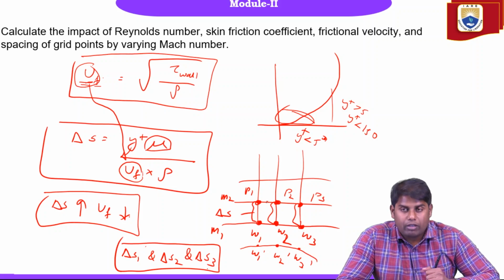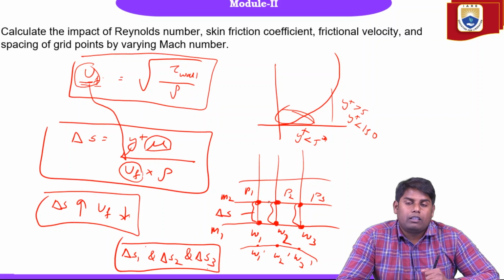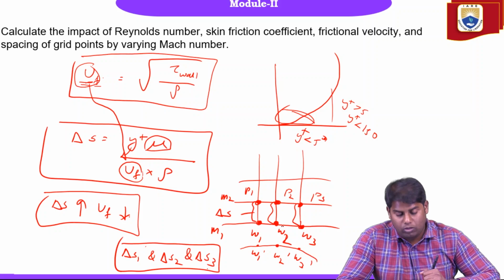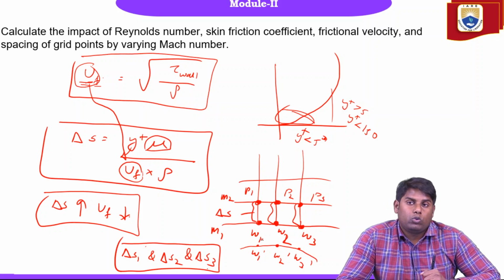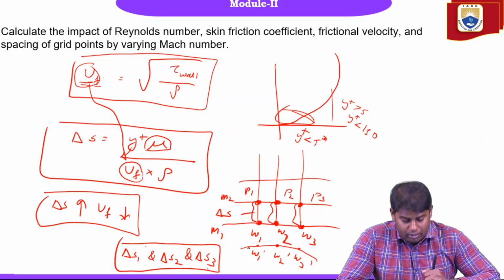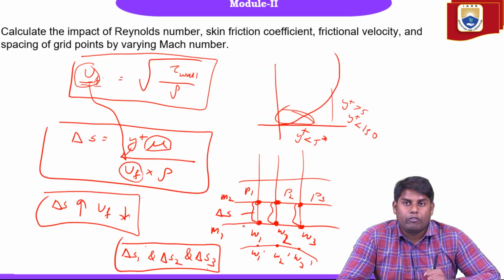Delta S1 will be higher here at W1 dash, at W2 it may be lower, and at W3 it may be higher again. So delta S1, S2, S3 are unequal when you have this curvature. They will be equal when you have the flat plate, or the flat surface at M1.